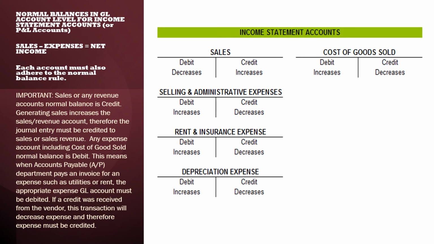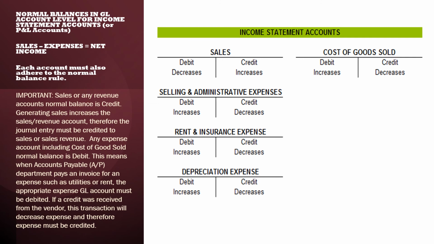Cost of goods sold, this is another form of an expense, but it's a cost. It's directly related to the cost of your product, cost of goods sold. Whereas in here we have your selling and general administrative expenses, and that includes rent and insurance expense and depreciation expense and other kinds of expenses, including utility expenses, should fall under your SG&A or selling and administrative expenses.